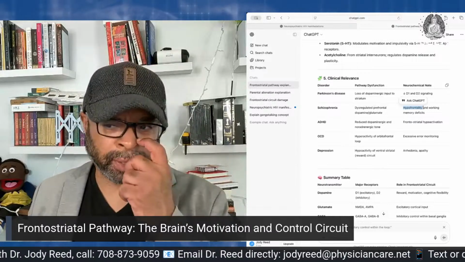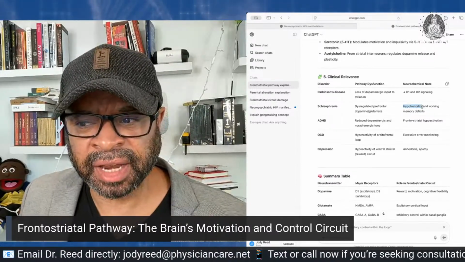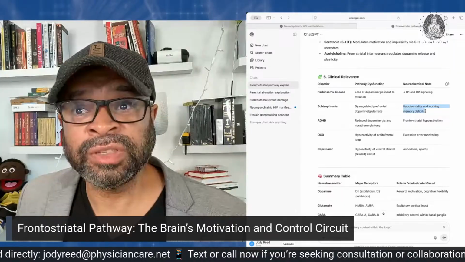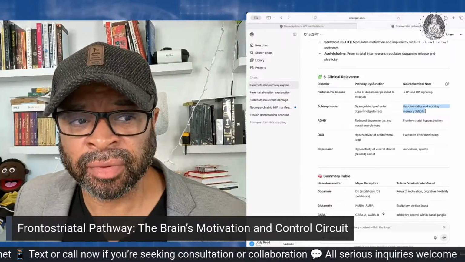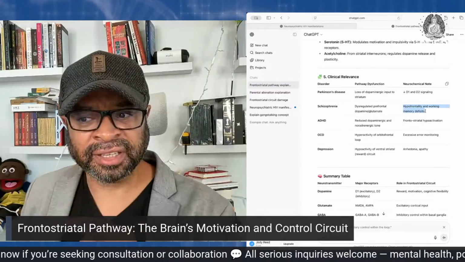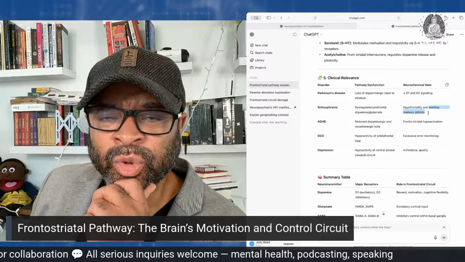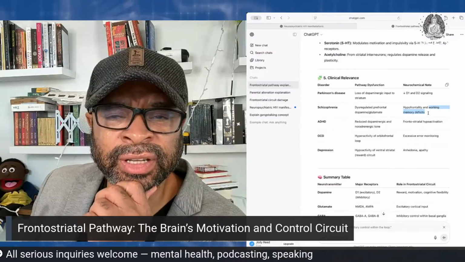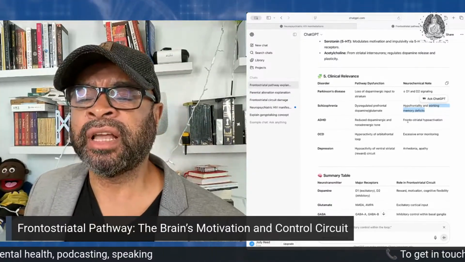So medications like Abilify can be used to help stimulate dopamine production in areas of the brain that are hypoactive, such as this. For working memory deficits, you may need to add something like acetylcholine to help with memory.